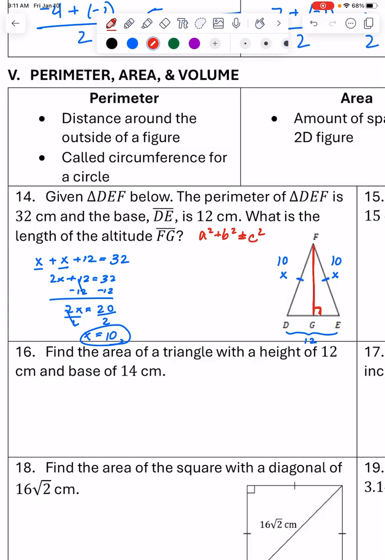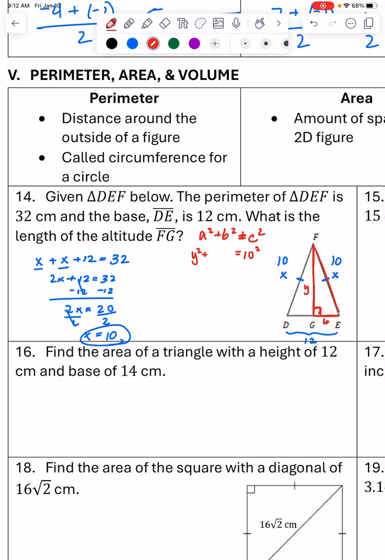Okay. So we know in this case our C would be 10. And then this we could call, since we've used X, let's just call this Y. Say y squared plus something squared. We just need to know what this is, okay? And this actually ends up, an altitude cuts that base in half.